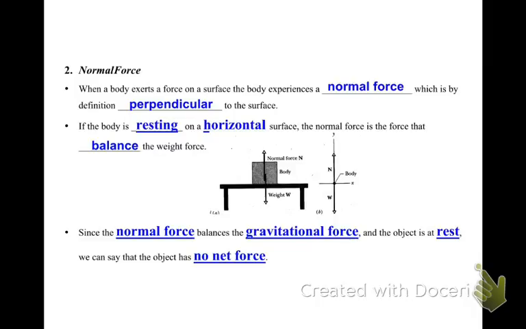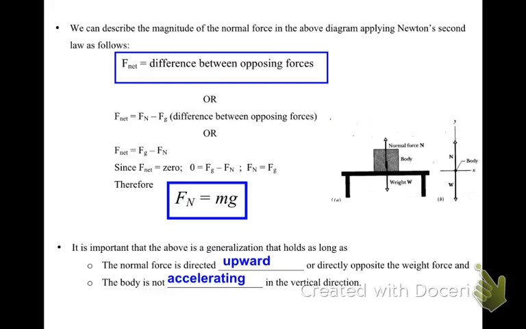So let's describe this a little further. We can describe the magnitude of the normal force in, I said the above diagram, but what I actually did was in this diagram here, by applying Newton's second law as follows. So the net force is actually the difference between opposing forces. Which makes sense, right? Because your net force is the overall force on the object.